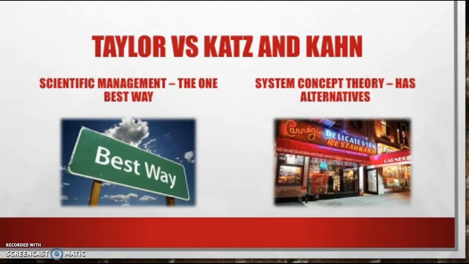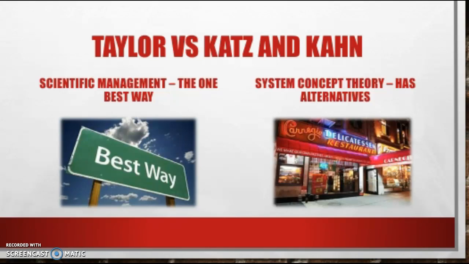They looked beyond Taylor's concept of just looking at the individual methods of the organization. Katz and Kahn sought to see how organizations work. And in this desire for a deeper understanding, they came to the conclusion that there were multiple alternatives to seeking these goals of the organization, unlike Taylor, where he thought there was the one best way.